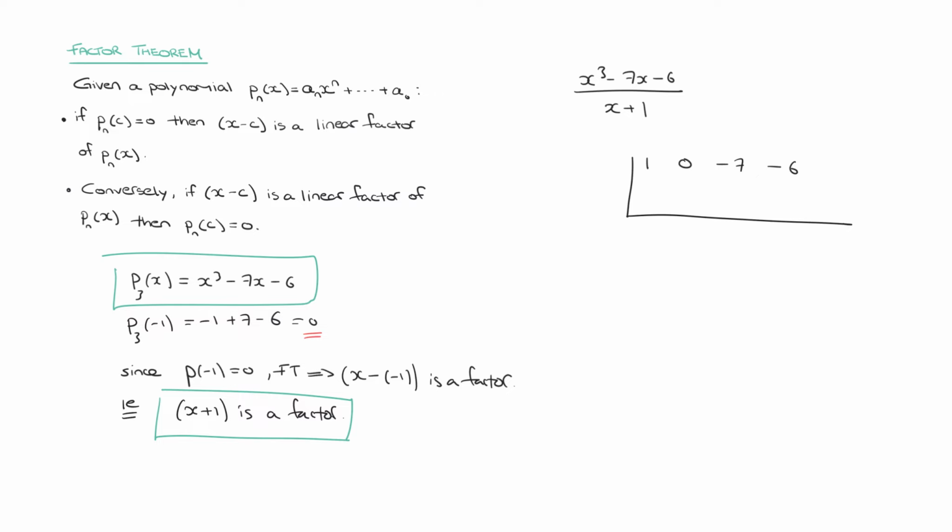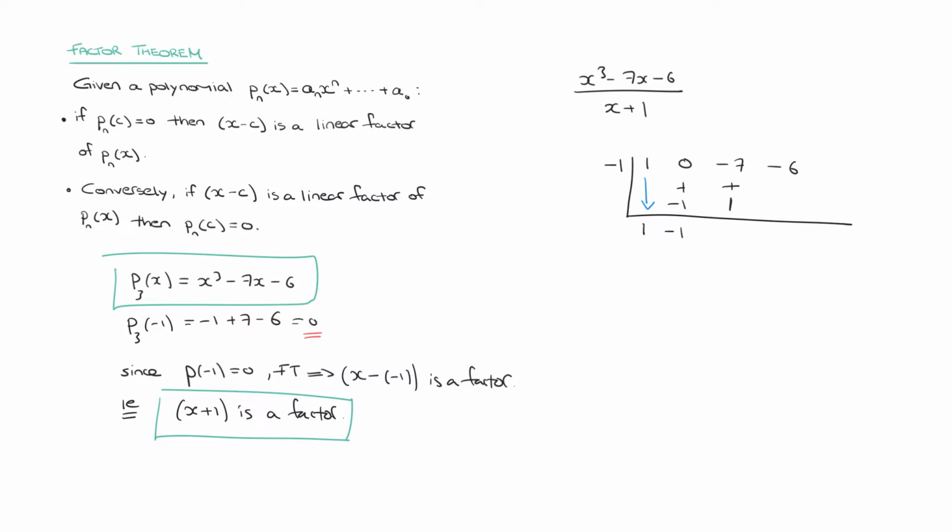And x plus 1 would be equal to 0 at x equals negative 1. So I write negative 1 here. Now, synthetic division. I carry down the leading coefficient to the bottom of the table, like so. Now, negative 1 times 1 is equal to negative 1. I add the 0 above it, which gives me negative 1. I now repeat that process. Negative 1 times negative 1 is equal to 1.